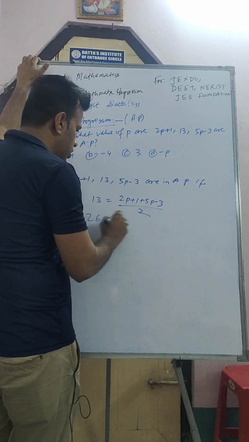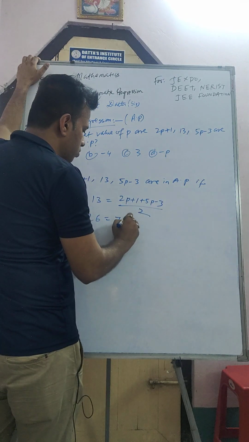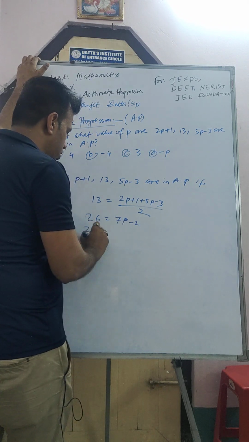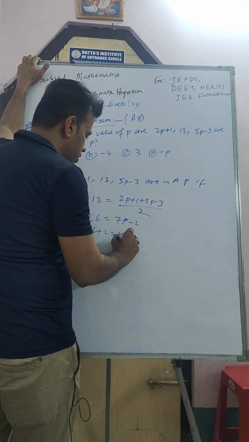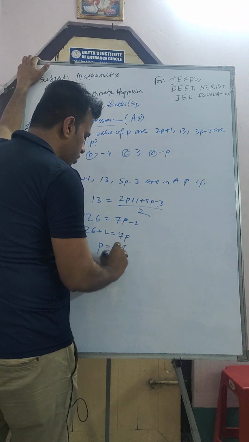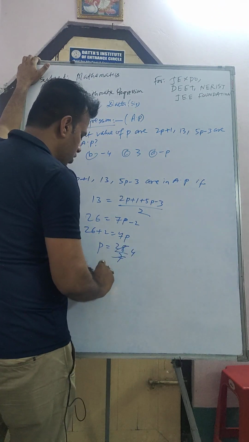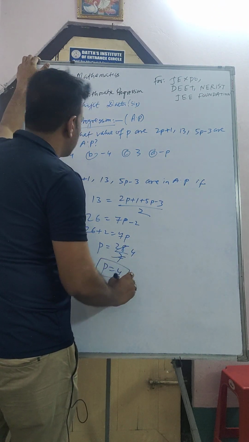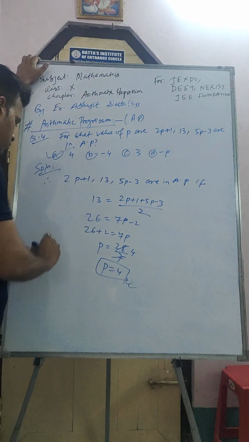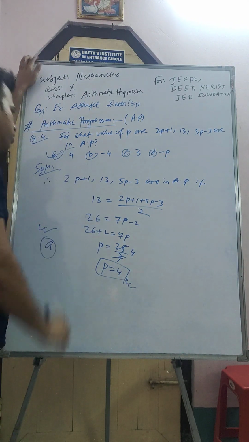So 26 is equal to 7P minus 2. So 26 plus 2 equal to 7P. So P will be what, sir? 28 by 7. If you cut this, it will be 4. So P will be 4. So the value of P is 4. So option A will be the correct answer.